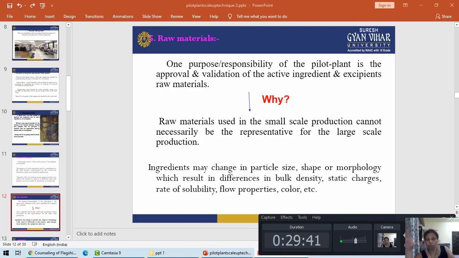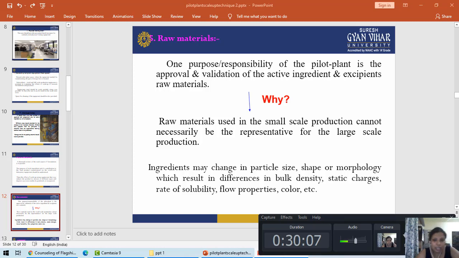Okay, so we can change it to the A ingredient because A and B both are having similar effects. So the approval of active and excipients is very very important. Okay, so that's why it is not always necessary that your small scale production raw material is equally suitable for the large scale production.